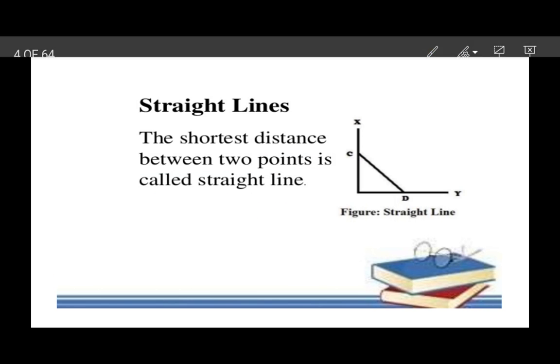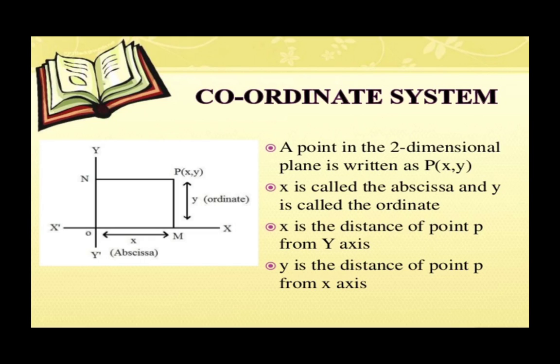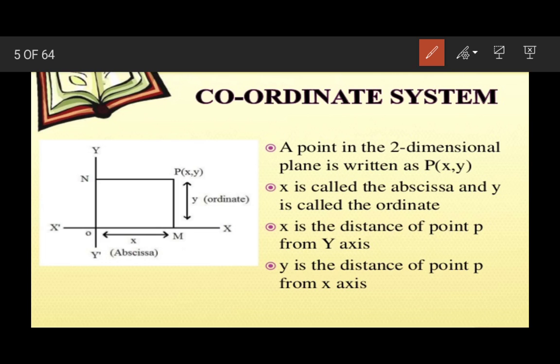Then next is coordinate systems. As I told you about the Cartesian system, similarly the coordinate system means representing a point in the form of x, y.